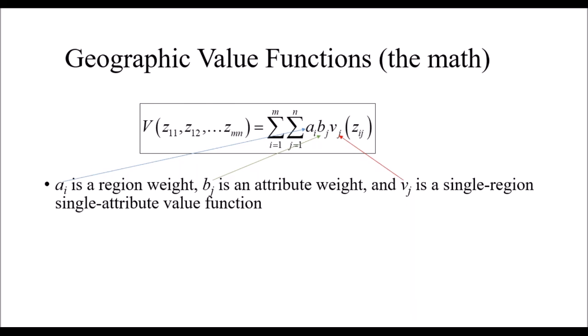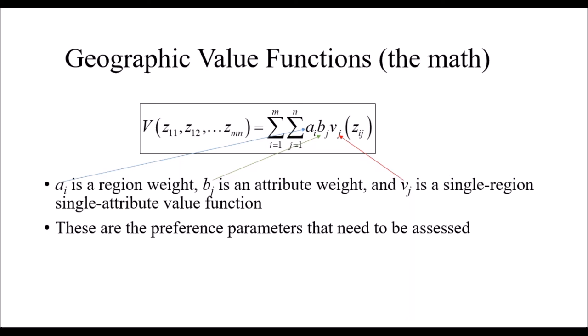If homogeneity is violated, then we would need to assess multiple single attribute value functions for each attribute. Right? And I'm only showing the simplest case here. In this case, we have these three parameters that need to be assessed.